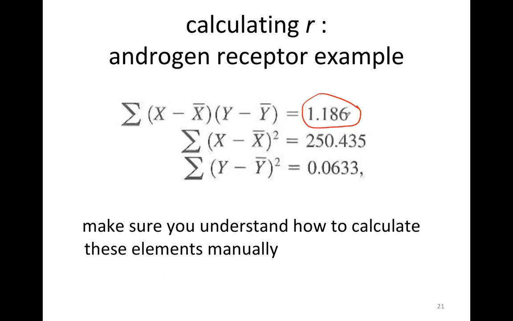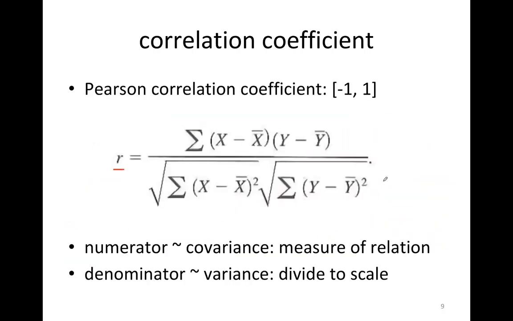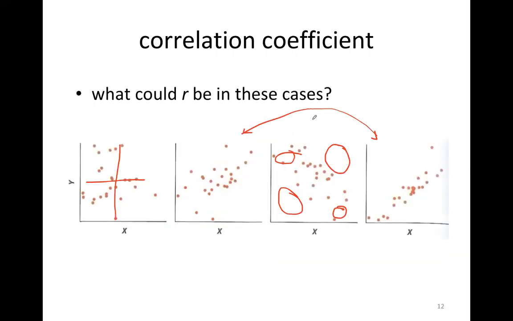Because it's a positive value, we can already see the correlation is positive, right? As I hope you can readily see, there is no way this denominator can be a negative value. It can never be a negative value. The numerator can be negative or positive, so the numerator will be determining whether r itself is negative or positive.